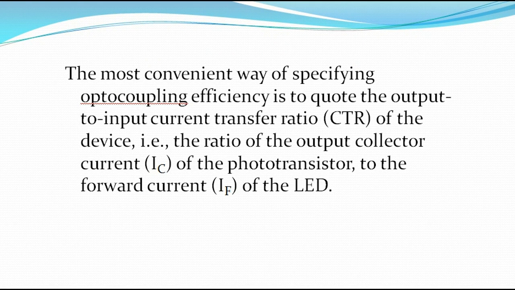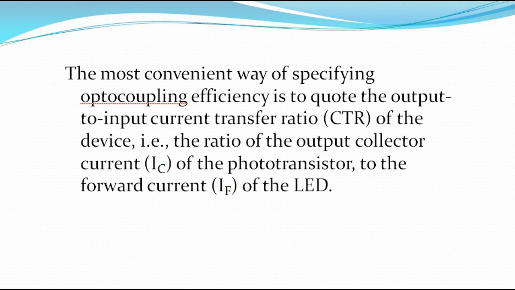The most convenient way of specifying optocoupling efficiency is to put the output to input current transfer ratio of the device. That is the ratio of the output collector current of the phototransistor, or any of the light sensors, to the forward current of the LED.